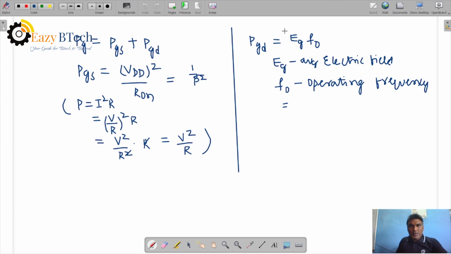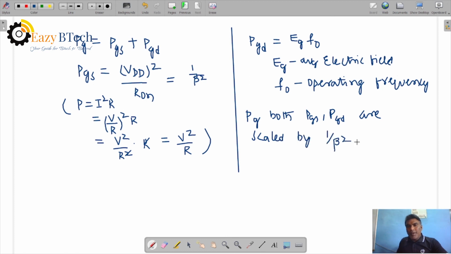Let us take this one, power per gate area. Both PGS and PGD are scaled by 1 by beta square.